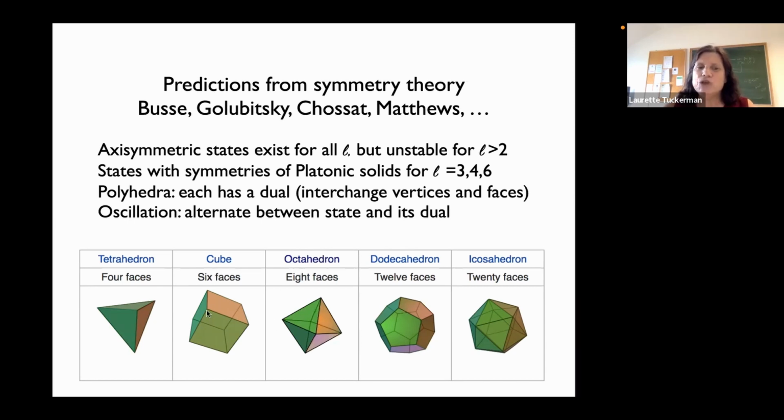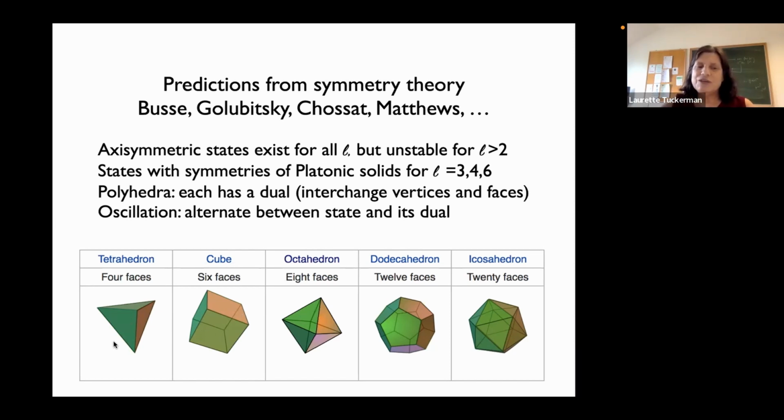That is to say, if you turn every vertex into a face and you turn every face into a vertex, you'll get the other one. And you see how this kind of Faraday oscillation works perfectly for that. You had a max and you turned it into a min, max, min. If you take the maxima, the bulges, as being like vertices and the minima as being like flat faces, you see alternation between a shape and its dual.